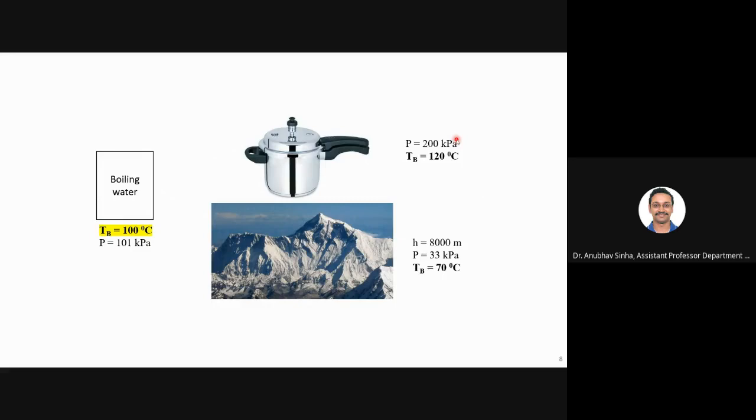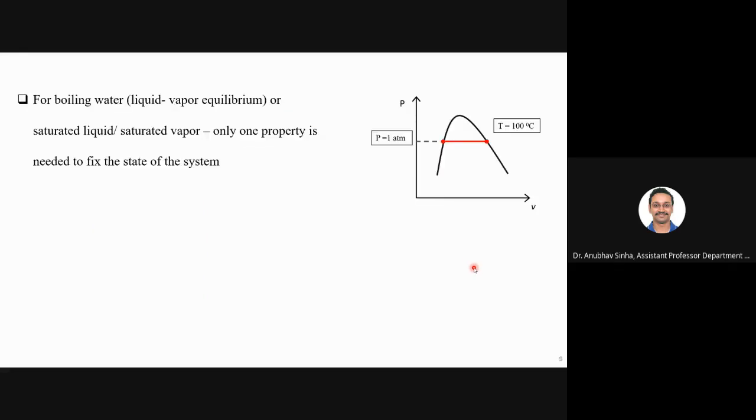So I know that for a saturated vapor at 120 degrees Celsius, it will be at this much pressure. And if I know the pressure, it will be at this much temperature. So for boiling water equilibrium, one property is required.